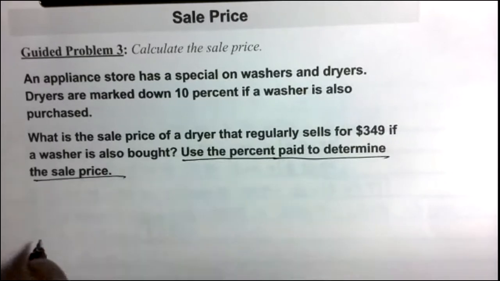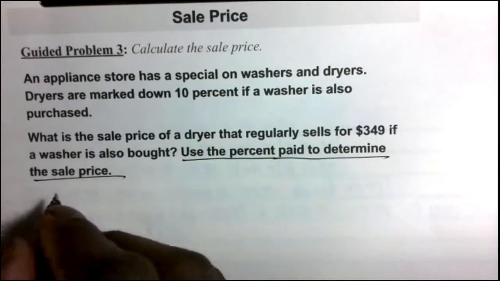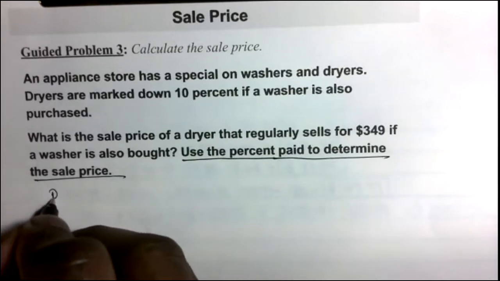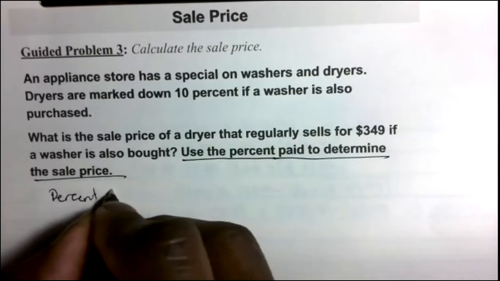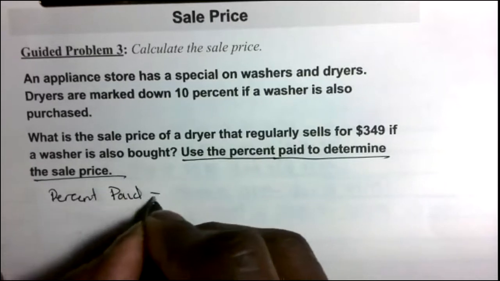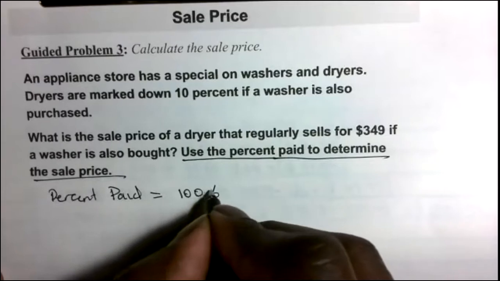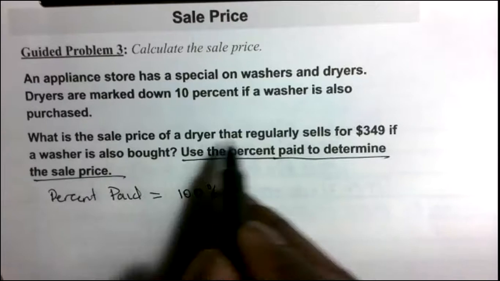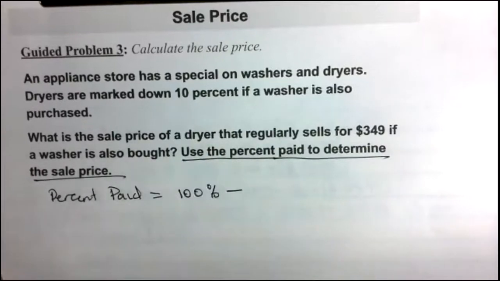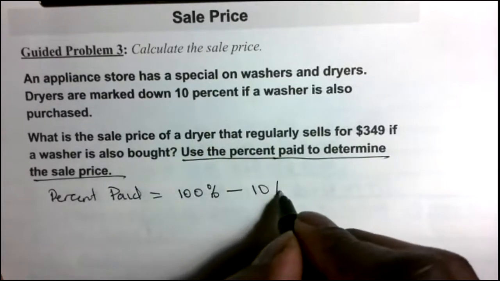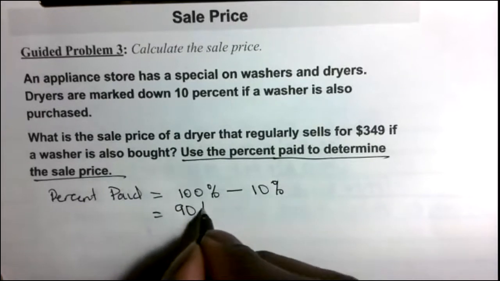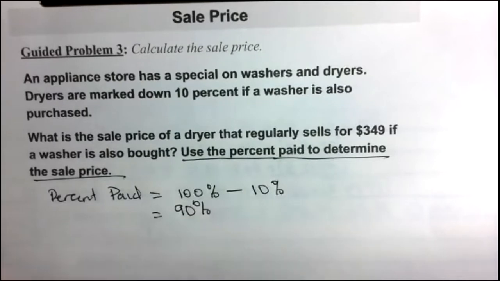So if I'm going to use that formula, percent paid is equal to 100% minus the percent off. I get 10% off, so it's 100% minus 10%. The percent paid is 90%, which means I'm paying 90% of the cost for this item.